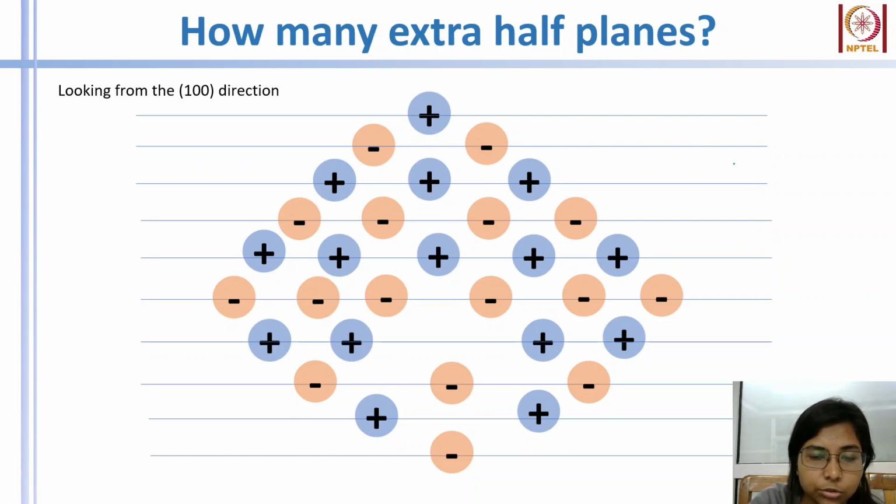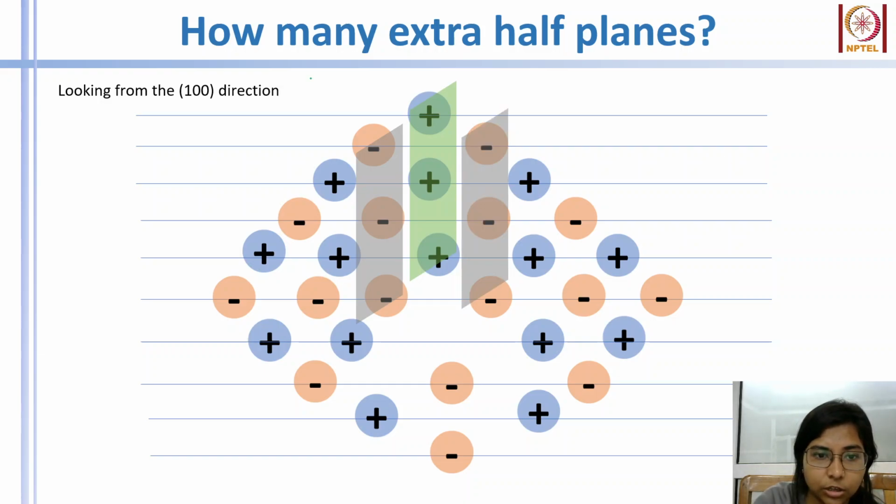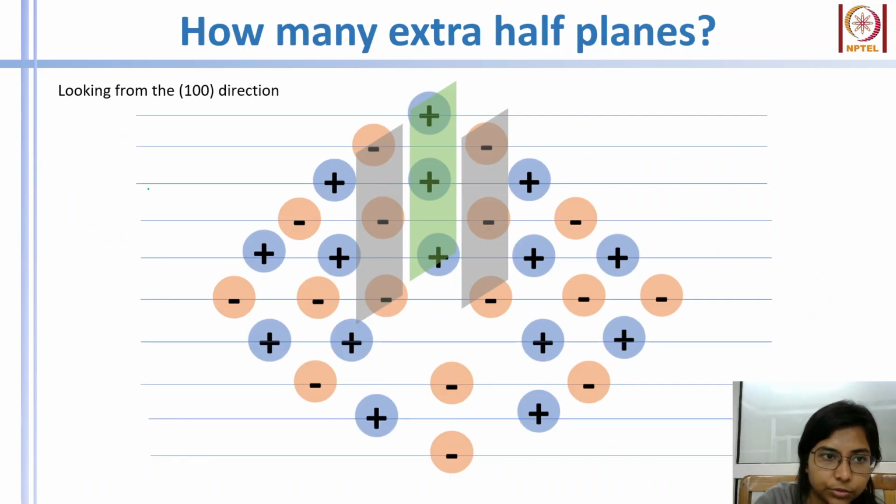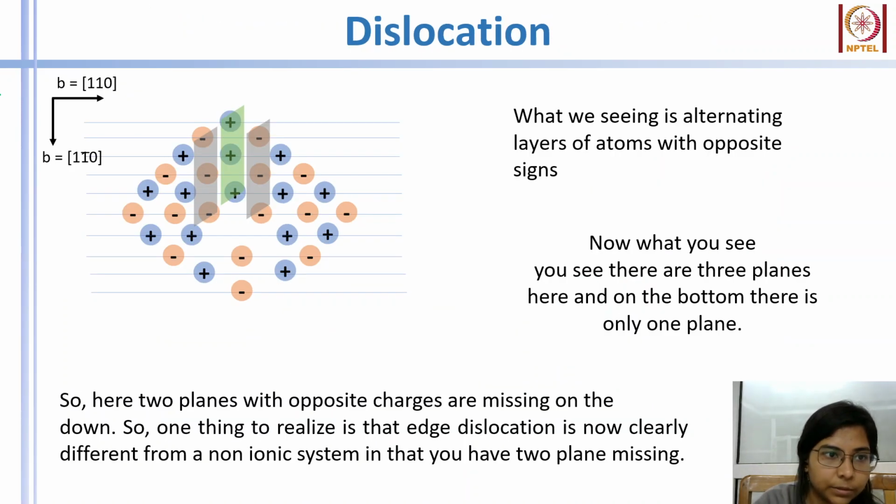Looking from the 100 direction, what are we seeing? If this is the plane, then this plane and this plane, this is the dislocation. Here we are looking from the 100 direction, and these are the Burgers vectors.